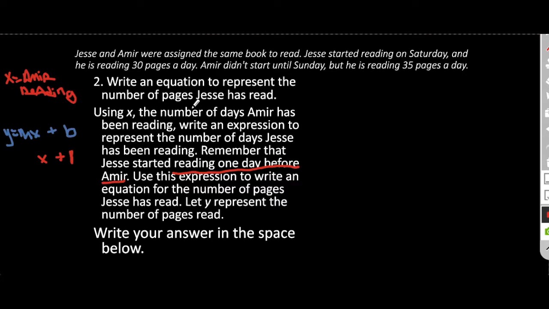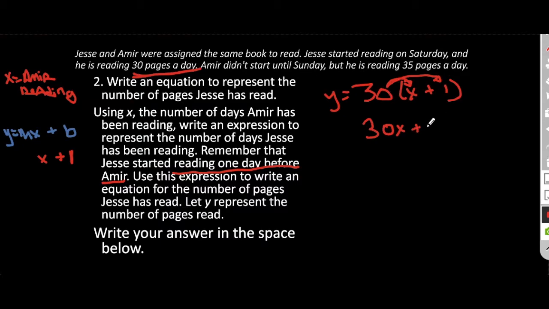Jesse reads 30 pages per day, so we got y is equal to 30 pages a day, and then we got x plus 1. Now I need to distribute my 30 into both my x and my 1. 30 times x is going to give me 30x. 30 times 1 is going to give me 30.